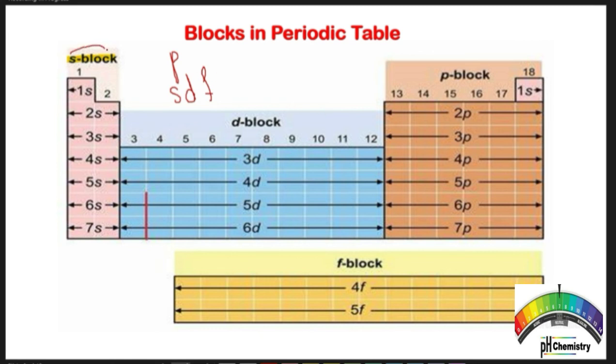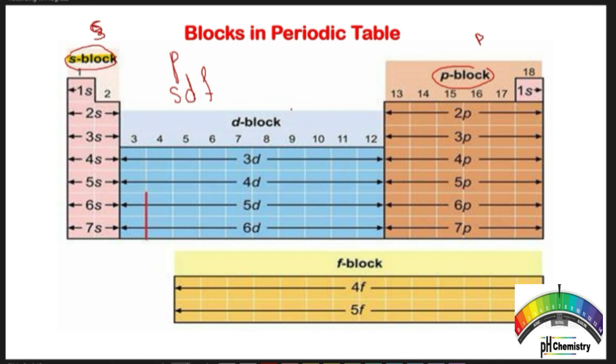Because for all the elements present in the S block, the last electron is present in the S subshell. For all the elements in the P block, the last electron must be present in the P subshell.